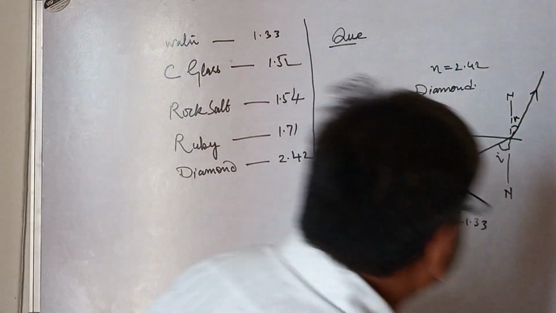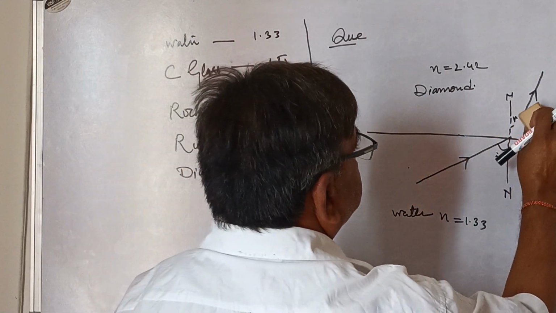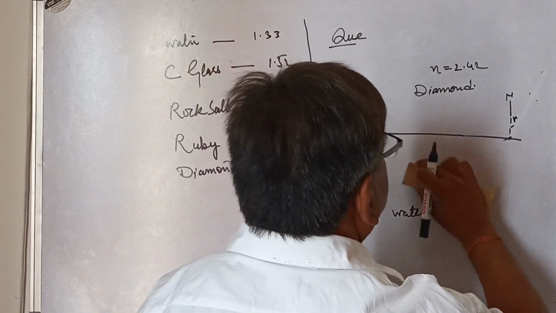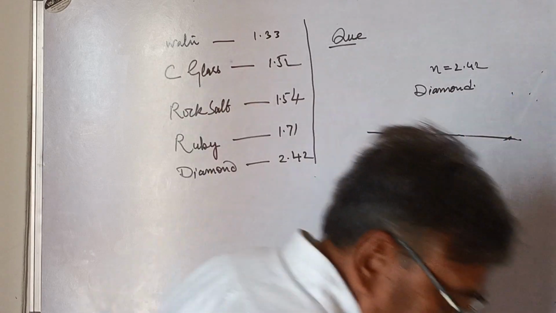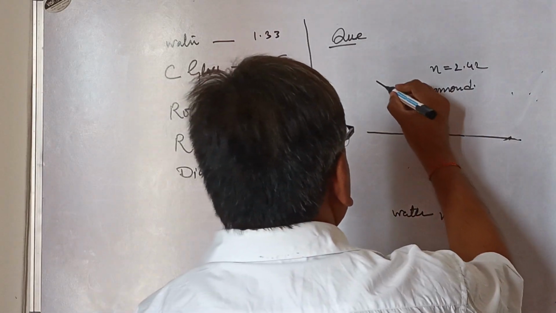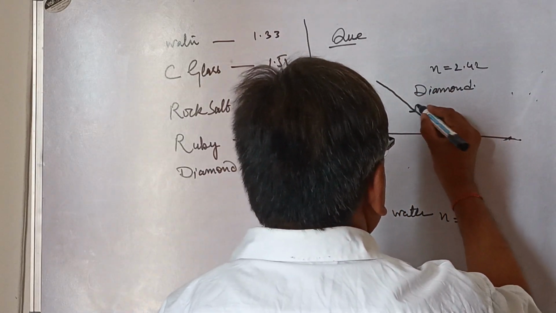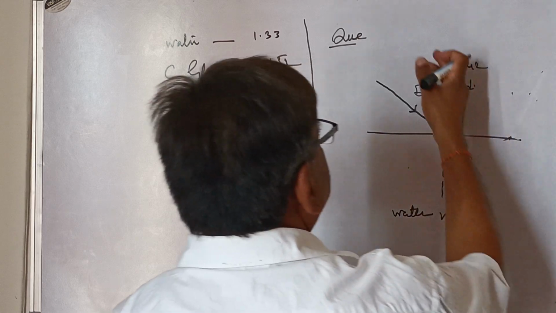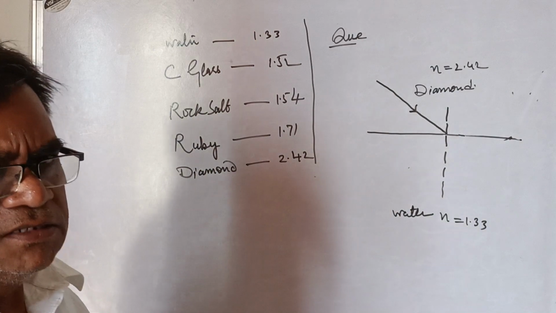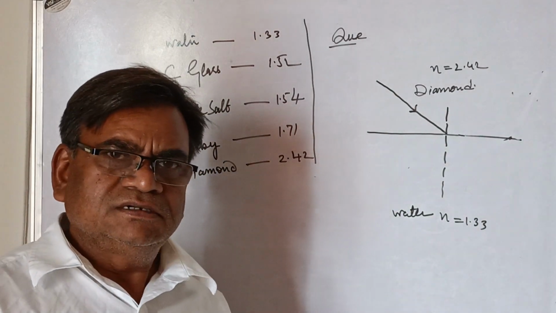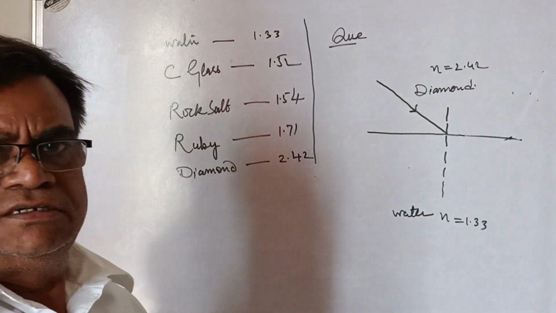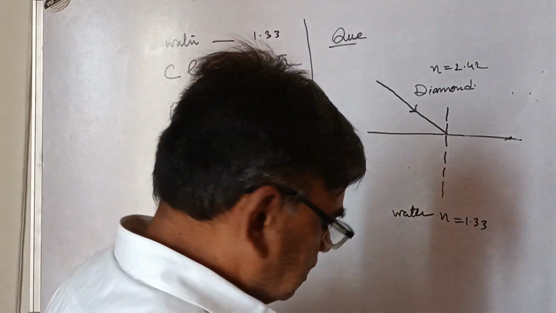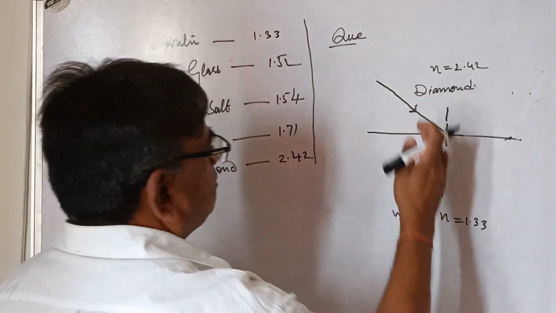Now let the light ray come here, striking at this point. This is the normal. We know that the speed of light in diamond will be very less because diamond is optically the densest, optically more dense, and this is optically rarer as compared to diamond.